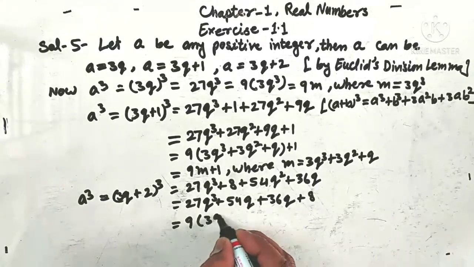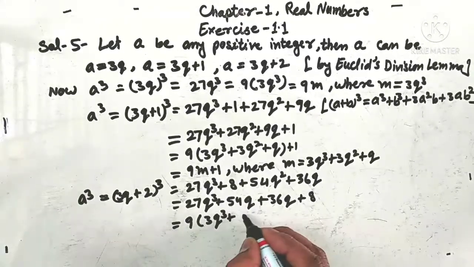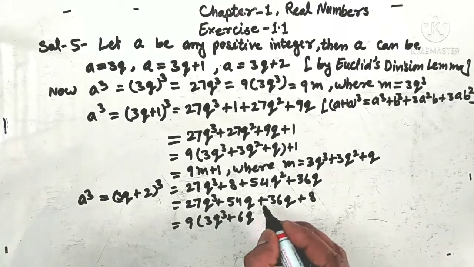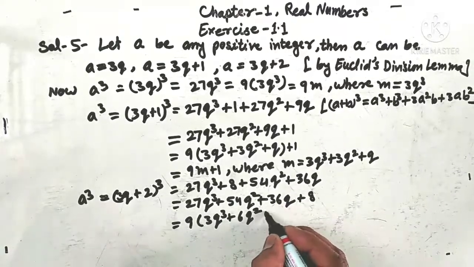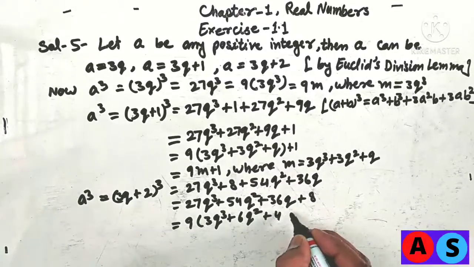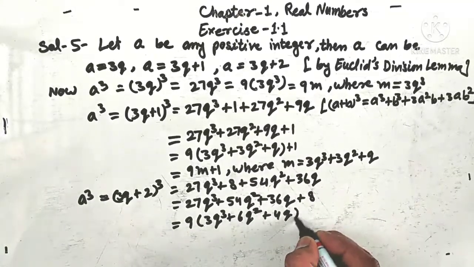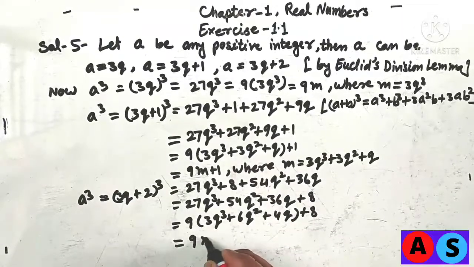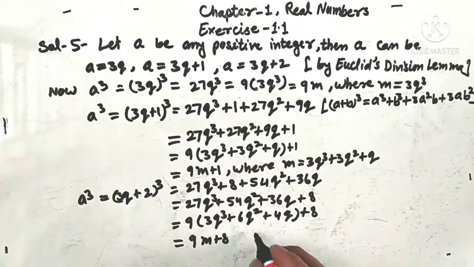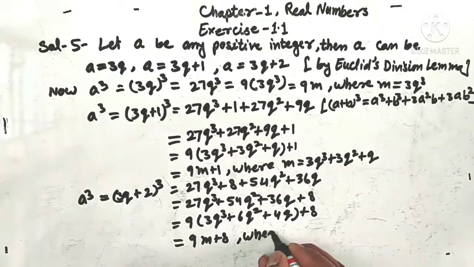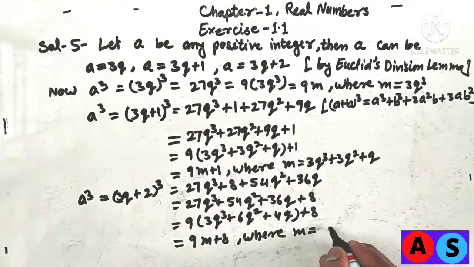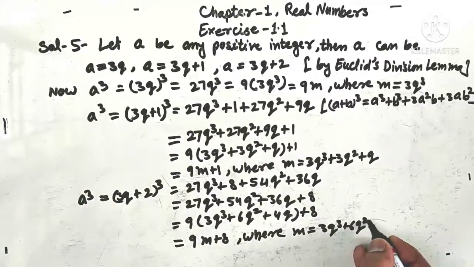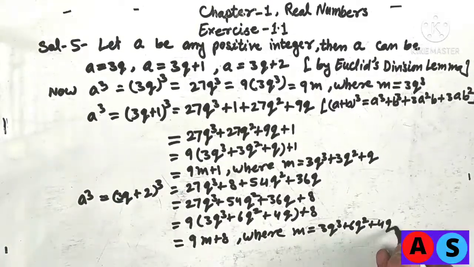We get 9 bracket 3q cube plus 6q square plus 4q bracket close plus 8 is equal to 9m plus 8, where m is equal to 3q cube plus 6q square plus 4q.